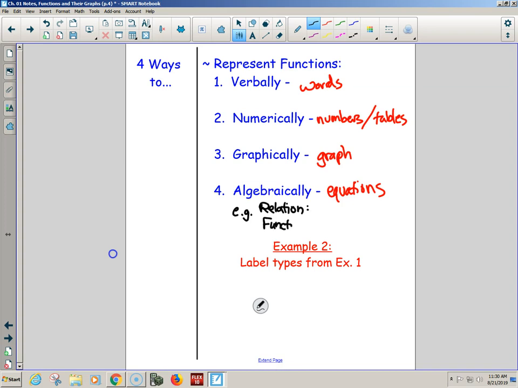What's an example of a relation for an algebraic equation? X equals y squared. It fails the vertical line test. It has x-axis symmetry. It's a relation, not a function. So then what would be an example of a function? Y equals x squared, sure. Or there's an infinite number of other possibilities.